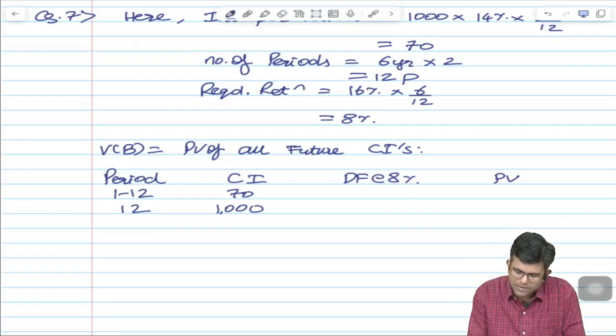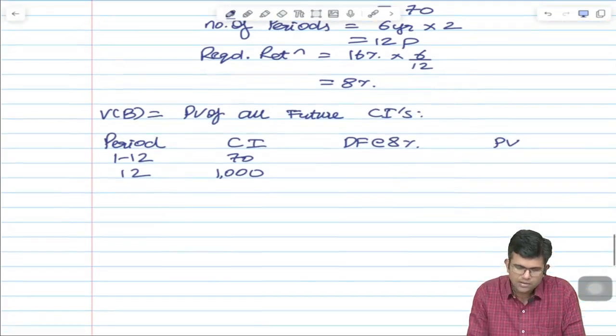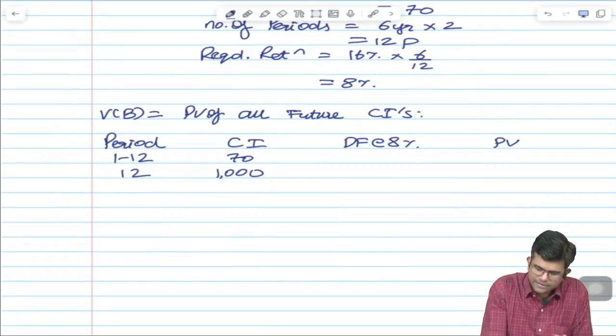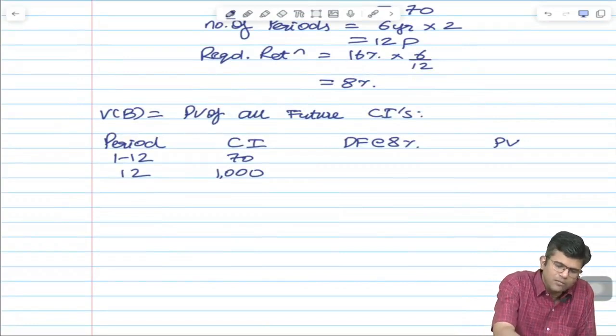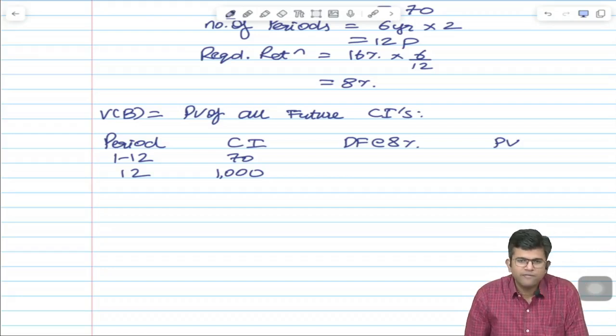So how to calculate this? Take your calculators. 1 divided by 1.08, press equal to 12 times. 1, 2, 3, 4, 5, 6, 7, 8, 9, 10, 11, 12. We are getting 7.536. Just check. 7.536.